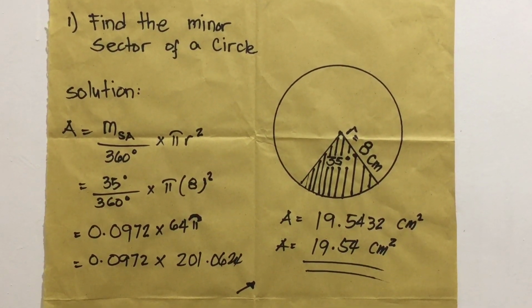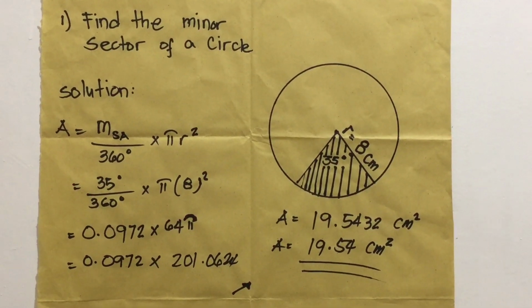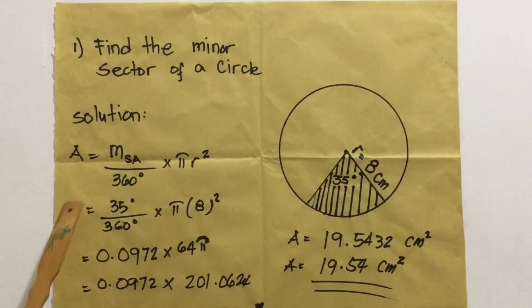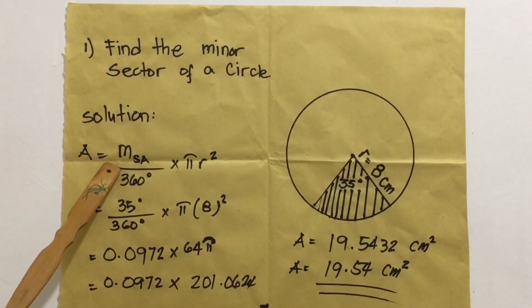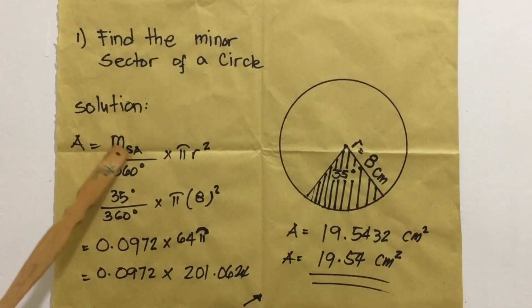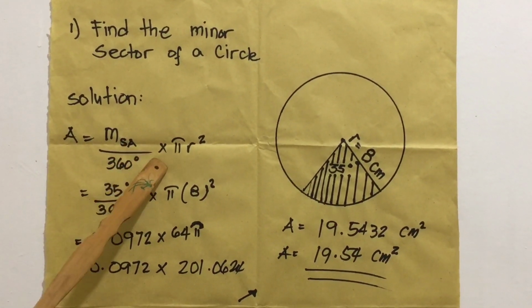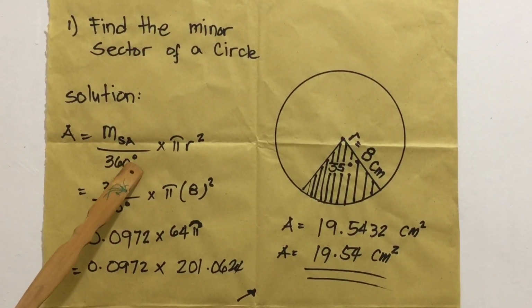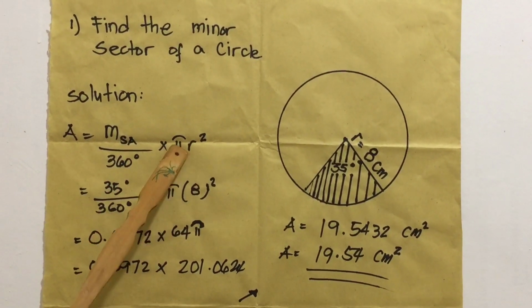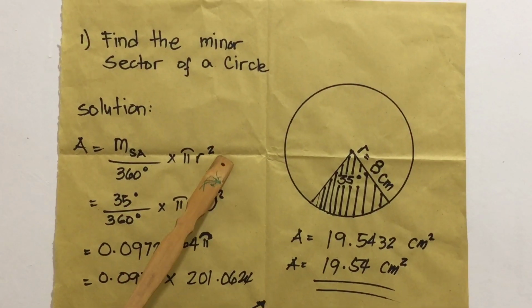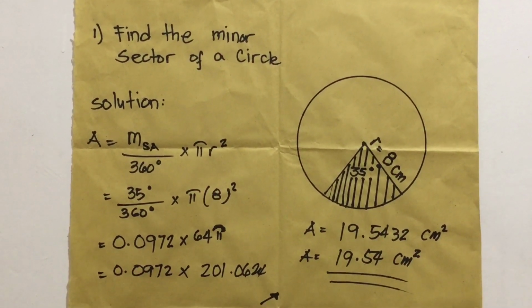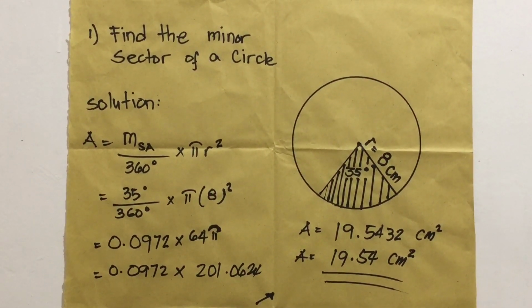Upon realizing our solution, we will use the formula area of a sector is equal to the measure of subtended angle over 360 degrees times pi r squared. And then the next step, we're going to substitute.